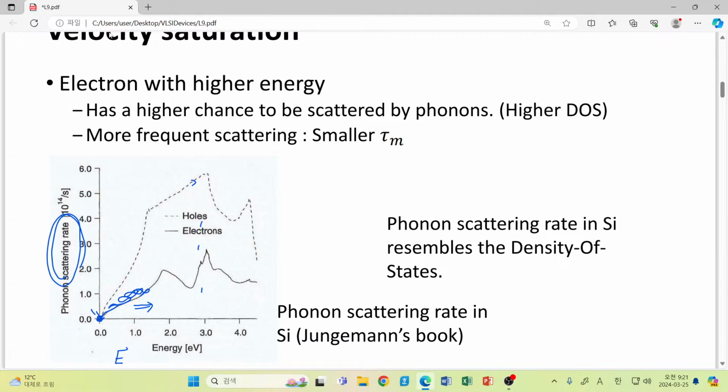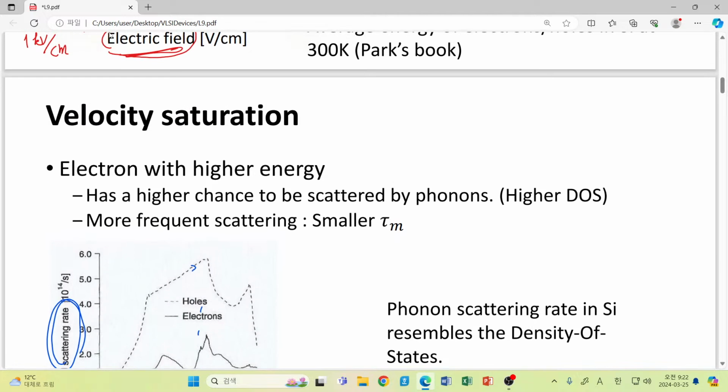Compared with this low energy edge, if it goes to 1 electron volt or even higher, then it has a much higher chance to be scattered. So that's the reason why the velocity saturation occurs. So think about this one. Relatively low electric field, relatively high electric field.